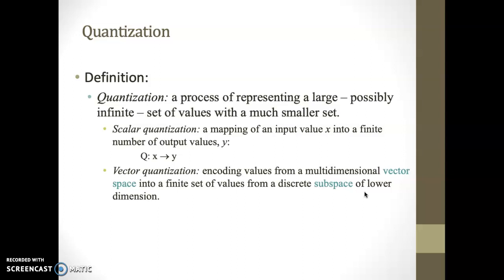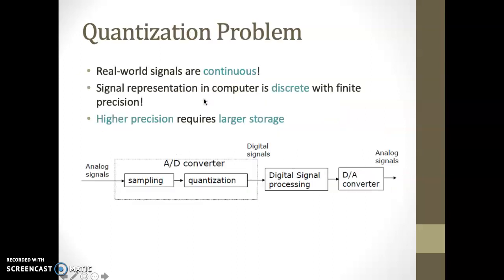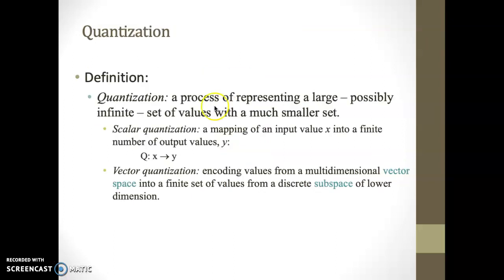So what is quantization? Quantization is a process of representing a large or possibly infinite set of values with a much smaller set. As mentioned before, if you have a continuous signal, you want to represent it as discrete. Of course, it will lose some information.